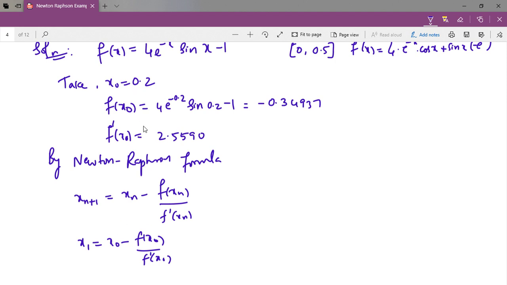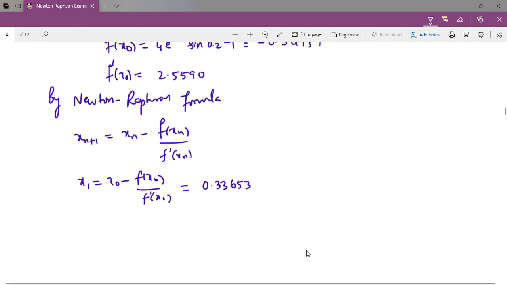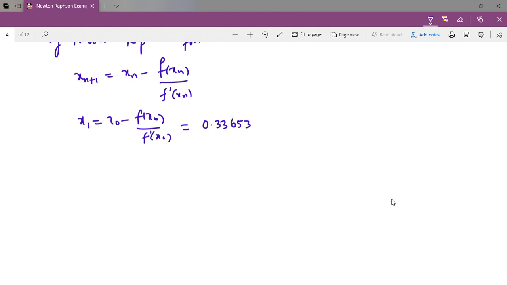Substitute these values in this, we get x1. x1 we get as 0.33653. I am hiding the intermediate steps here because you need to calculate that. All values are there. With the help of a calculator put those values here. In x1 we get x1 as 0.33653.